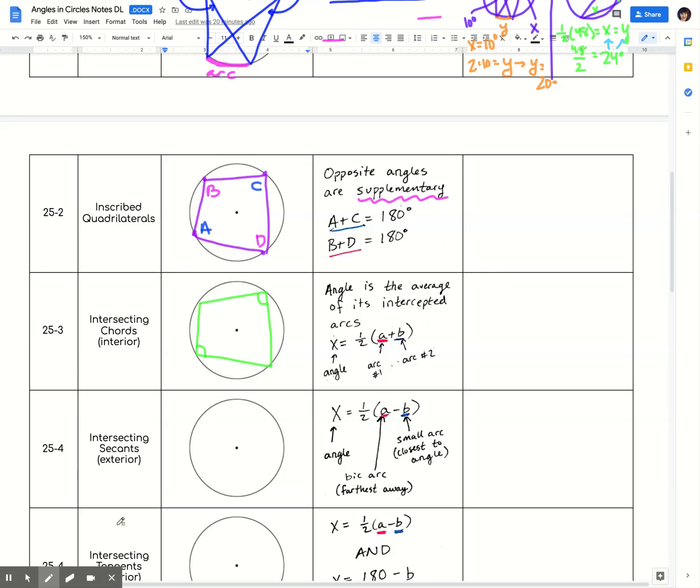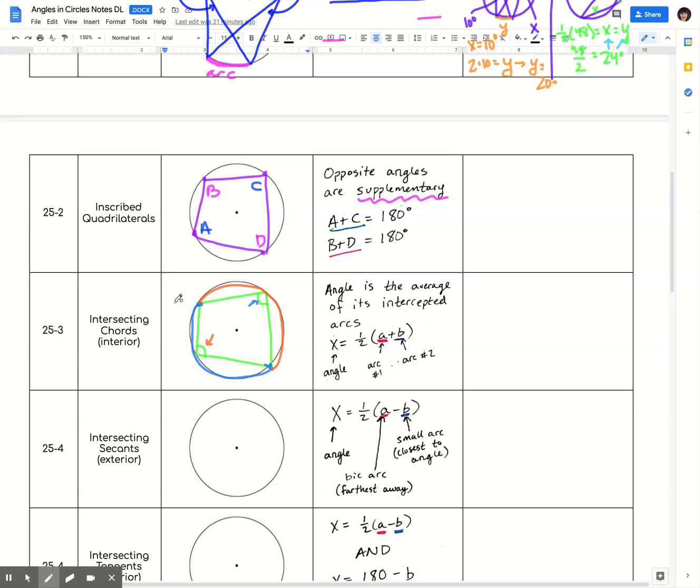This angle's intercepted arc goes from here to here. This angle's intercepted arc goes from here to here. So that's the whole circle, right?